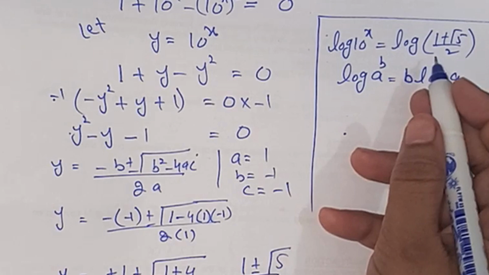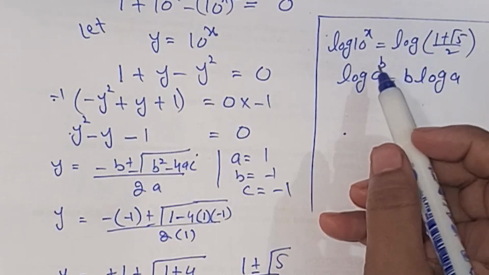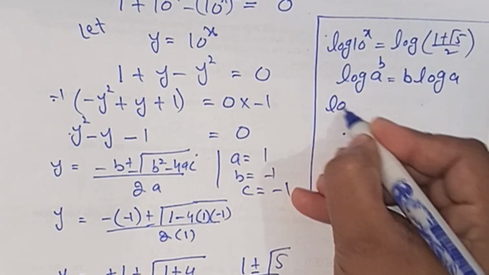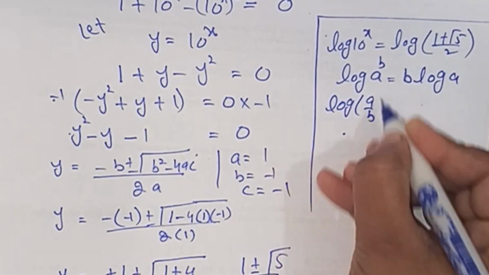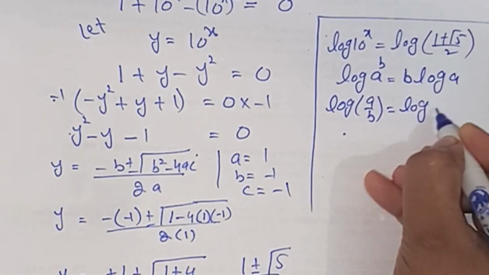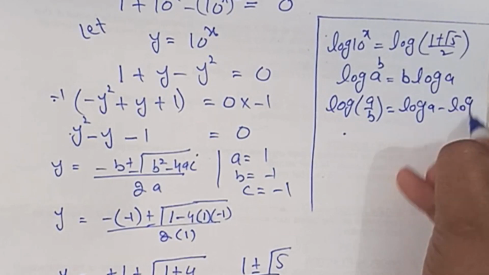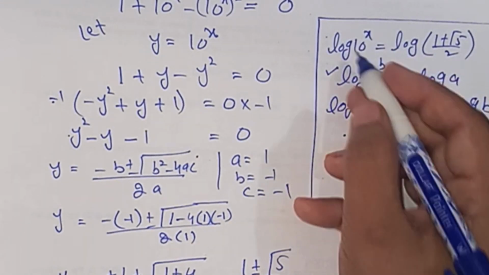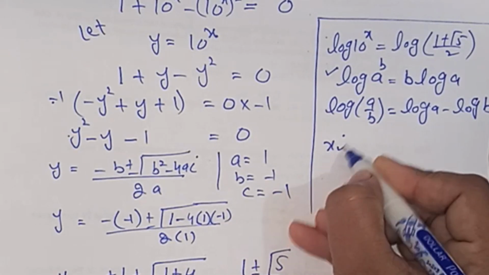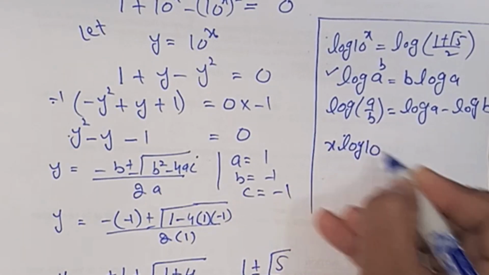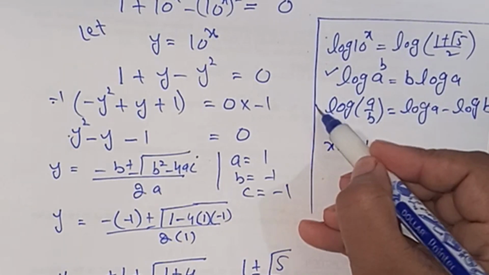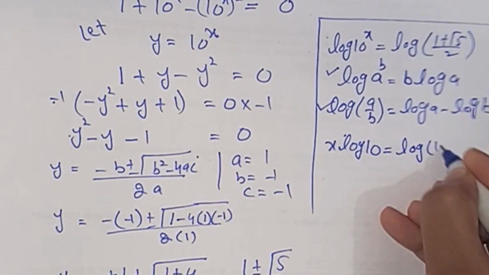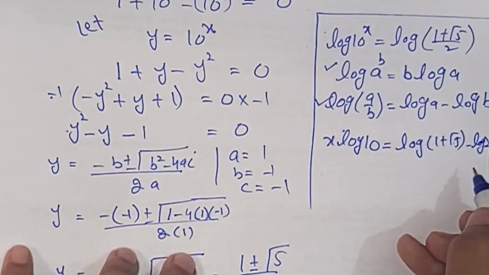We also recall another property: log of a divided by b equals log a minus log b. Using the first property on the left hand side, this becomes x times log 10, and using the second property on the right hand side, we write log of 1 plus square root 5 minus log 2.